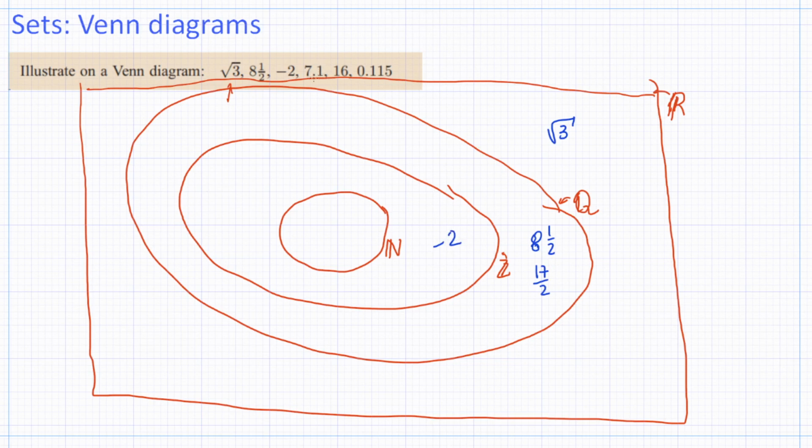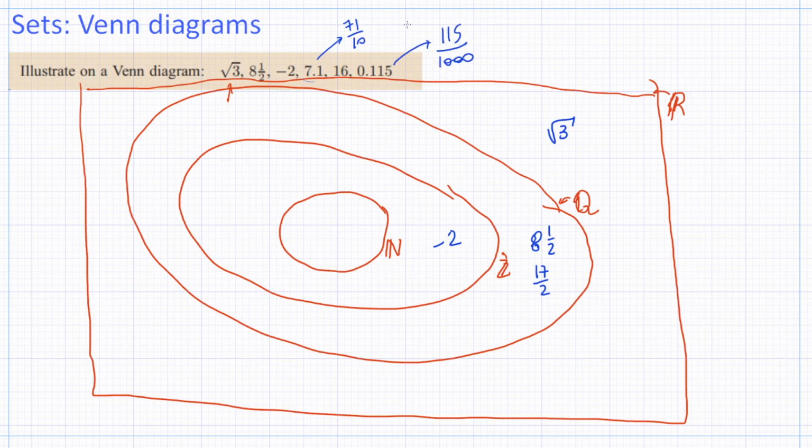7.1, this is tricky because sometimes students think, oh, that's a real number. Well, I can write this number as 71/10. Just like this last one, 0.115, I can write this as 115/1000.